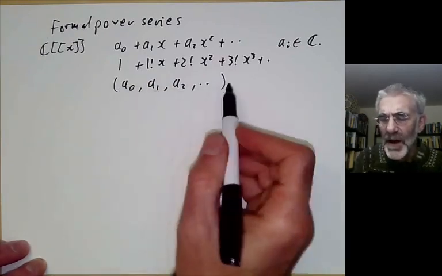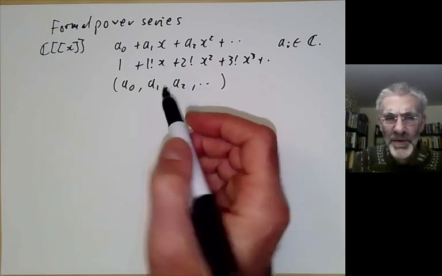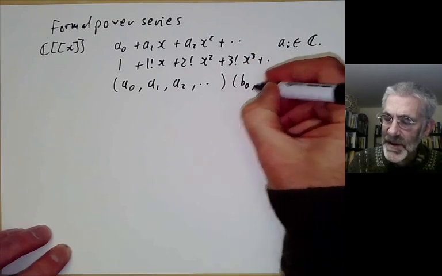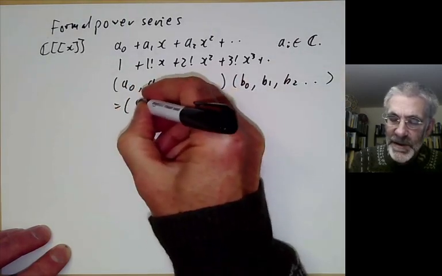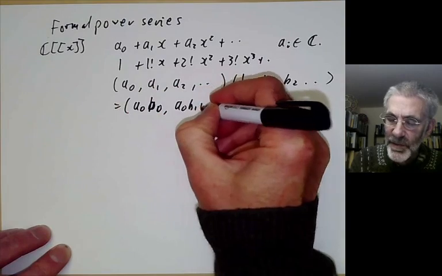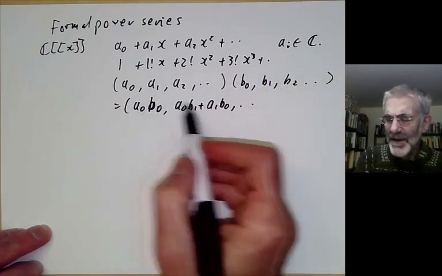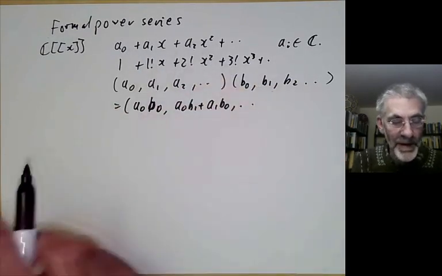I mean, you could define the product of two sequences without writing them as formal power series, but it would be rather incomprehensible. You would say that this sequence times the sequence b0, b1, b2 and so on is equal to the sequence a0 b0, a0 b1 plus a1 b0 and so on. And this is really rather unintuitive, so it's much better just to write them as formal power series.